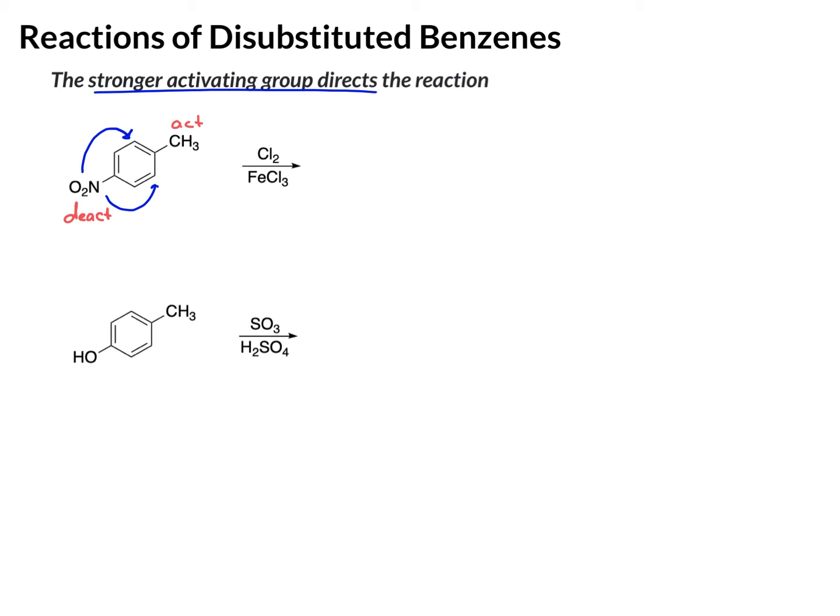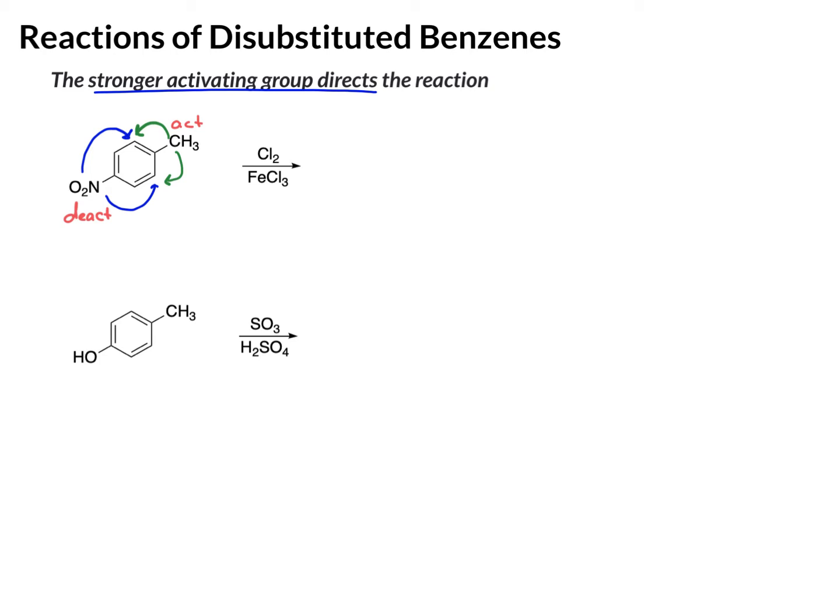The methyl group directs ortho-para to itself. The para position to the methyl is blocked by the nitro. So in this case, both groups actually reinforce the same position, so there's not a whole lot of analysis to make here.